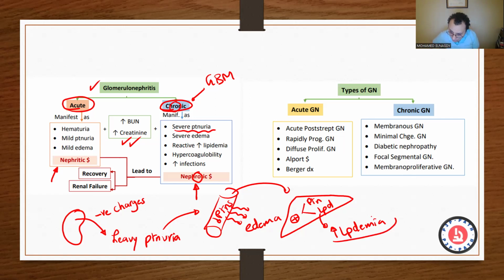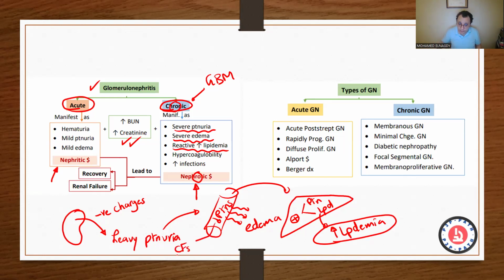So we're having reactive hyperlipidemia, and they sometimes say lipiduria. Sometimes these lipids, because they increase in the blood, they end up going down in urine, and you have severe edema. And also you start losing some essential proteins like the coagulation factors.